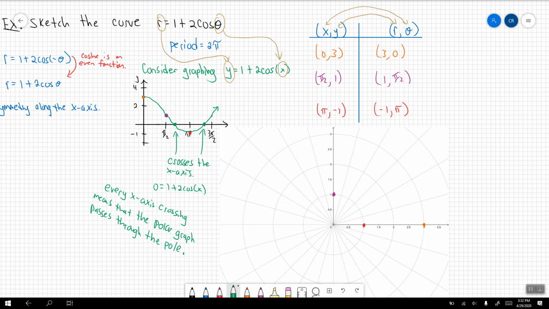So naturally, visually, any crossing that we see for this graph on the x-axis means it's going to come right back down to the pole. All right, and again, that's going to be very, very crucial for us.